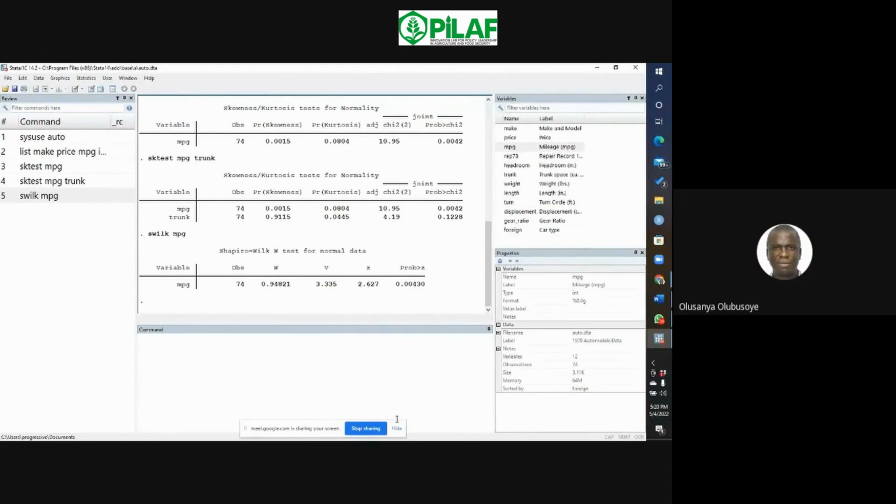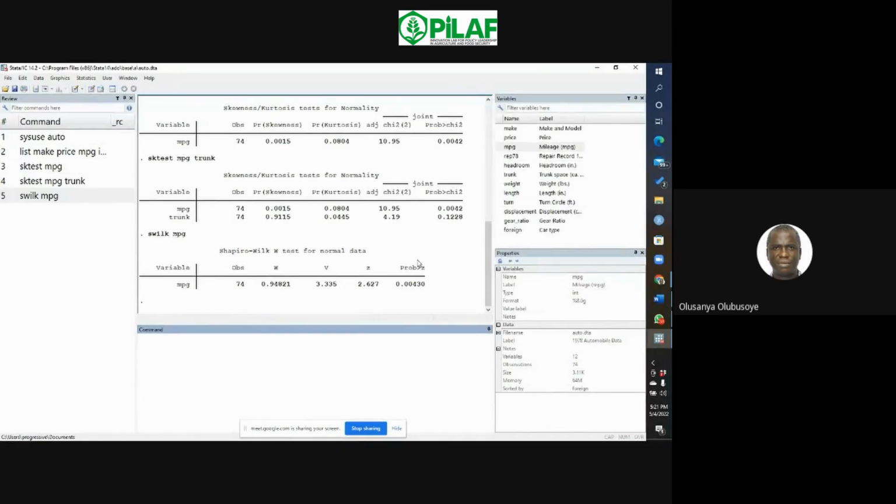Great. So we are using another test now, the Shapiro-Wilk test. The Shapiro-Wilk test uses three parameters: the W, the V, the Z, and then the p-value. Again, it is this p-value that you will compare with the alpha value.